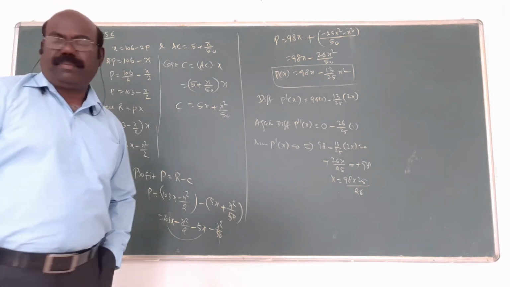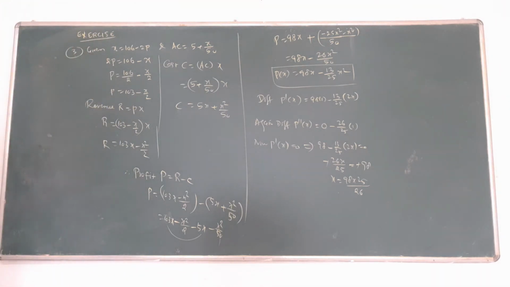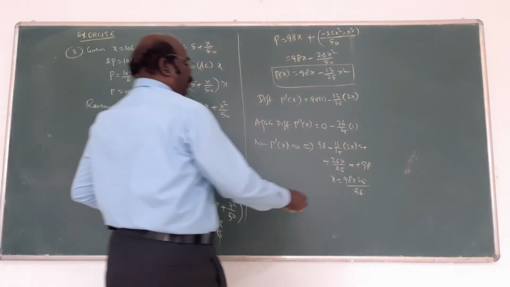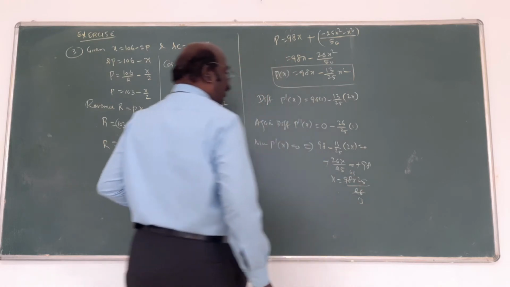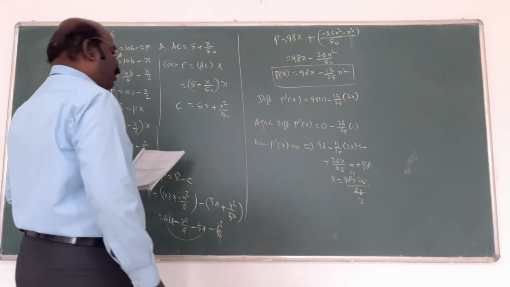How many points something is coming? Our nearest answer is 46 actually.